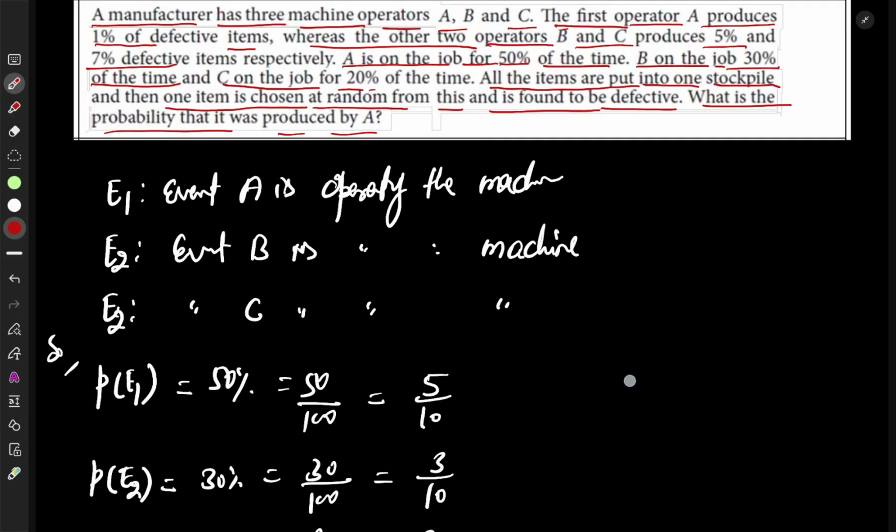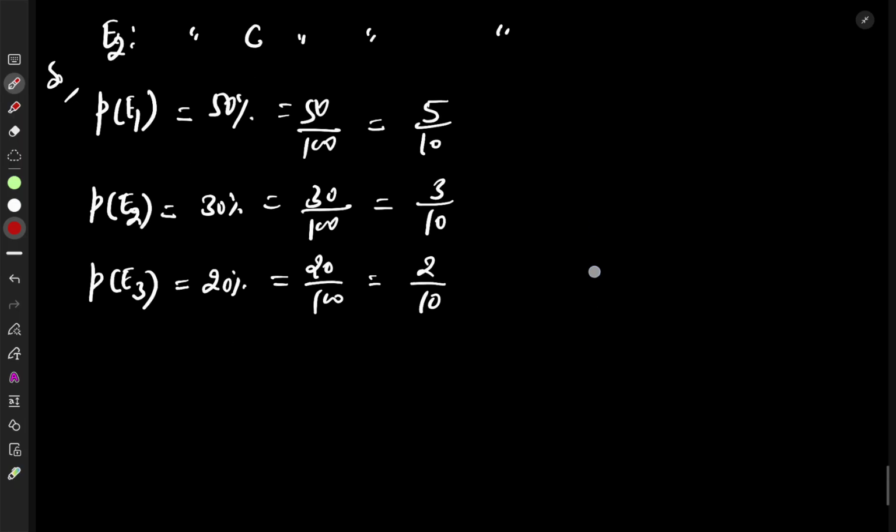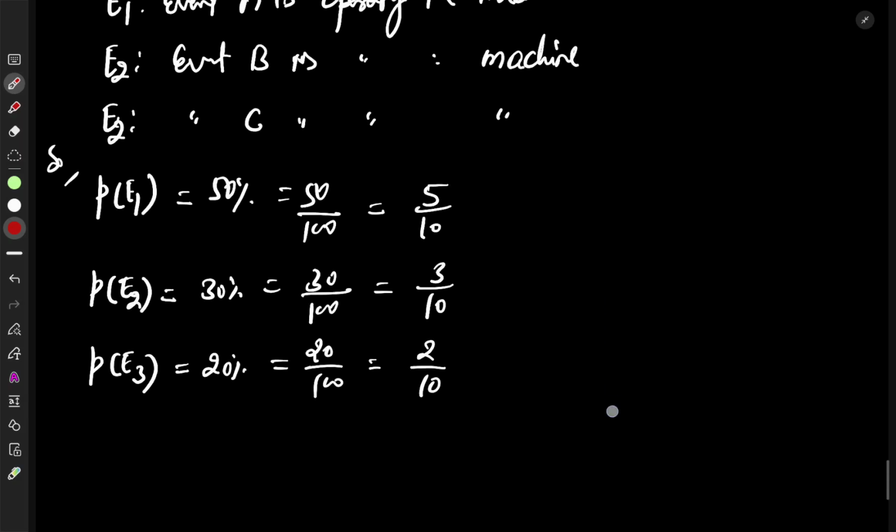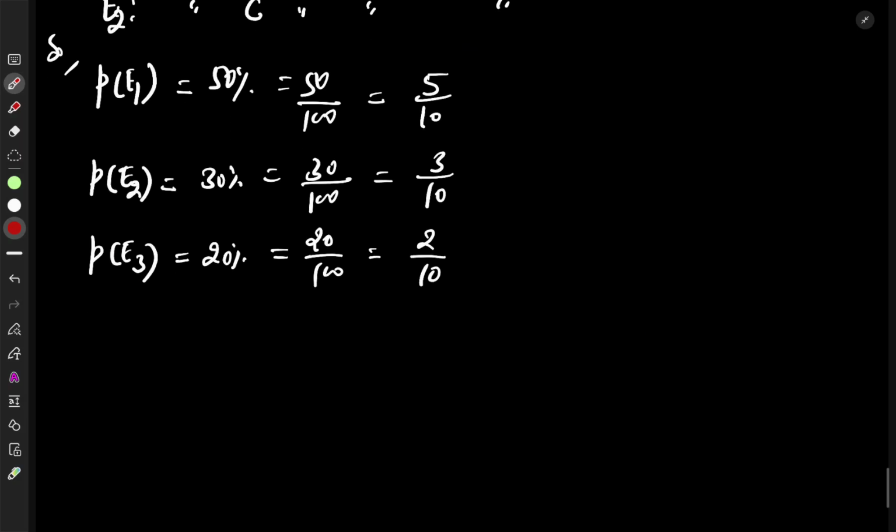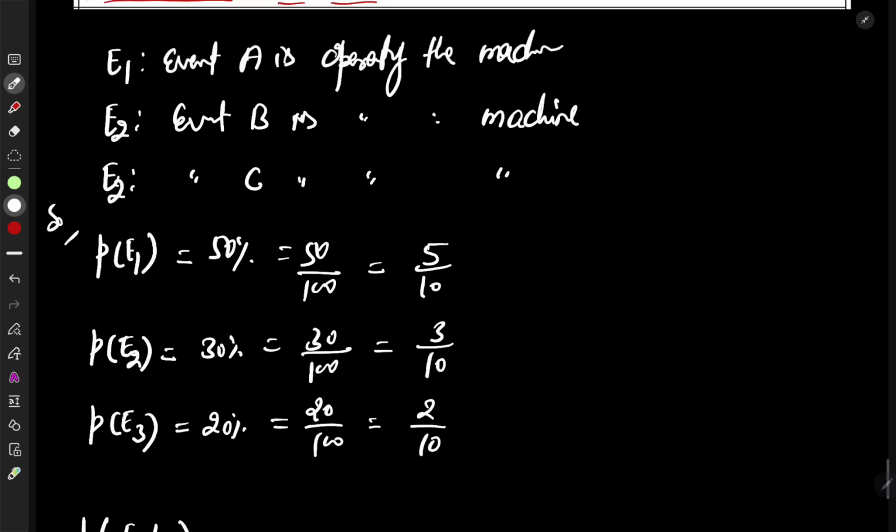So it is going backward. Backward means Bayes theorem, correct? Whenever we talk backward, reverse going, reverse theorem, or Bayes theorem. So in this one it is asking the probability of E1 when E has already occurred. But what is E here, that also you need to write. E is what?